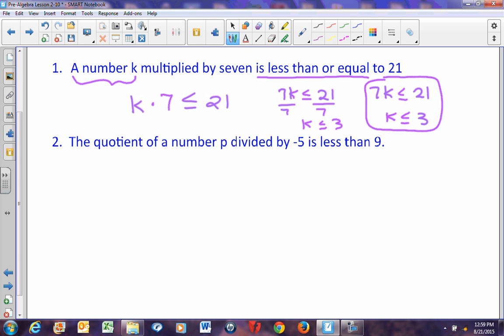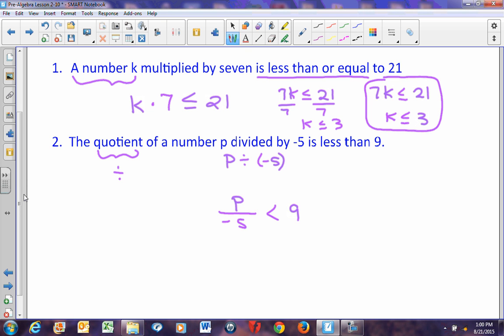The quotient of the number p divided by negative 5 is less than 9. Remember, quotient means divide. The quotient of a number p divided by negative 5, which I would prefer you write as p over negative 5, is less than 9. There we go. We have written our inequality.